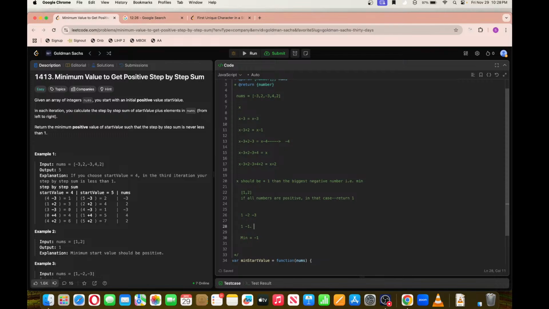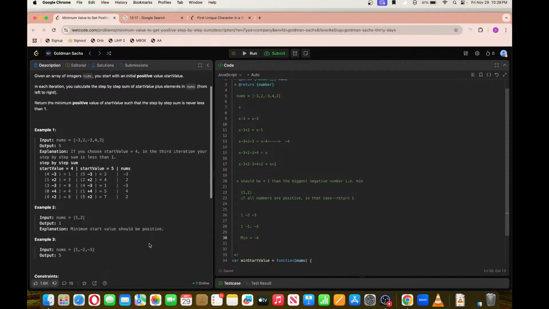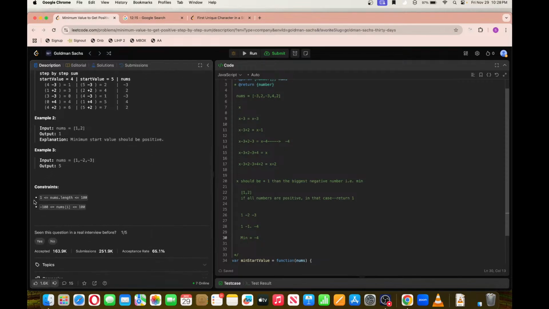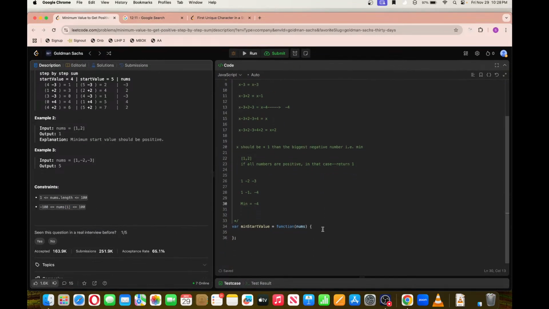Then minus 1 and minus 3 will be minus 4, so now minimum will be minus 4. Then the answer will be 5 in this case, because only 5 minus 4 will be 1. Looks like it is very easy. So let's do that. In the beginning minimum will be 0, and I need to return minimum plus 1 at last.